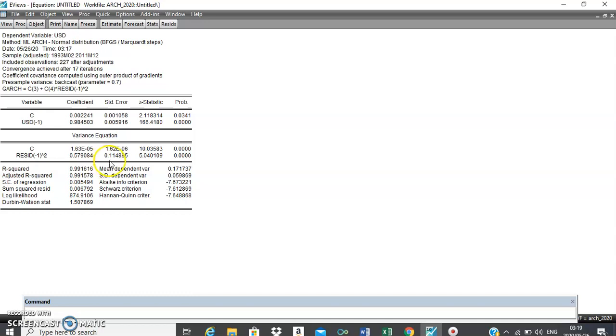If it's closer to 0, then it tells us that the persistence or clustering of volatility is very minimal, or non-existent. If it's equal to 0, it's non-existent. So that is how you estimate the ARCH model.